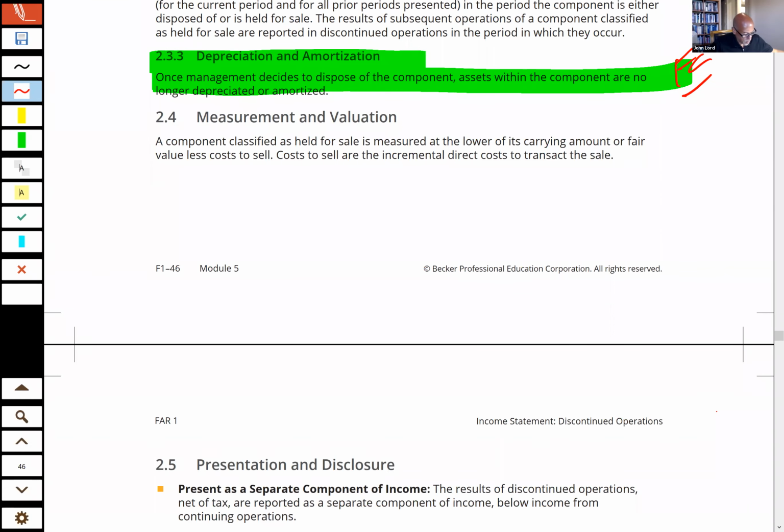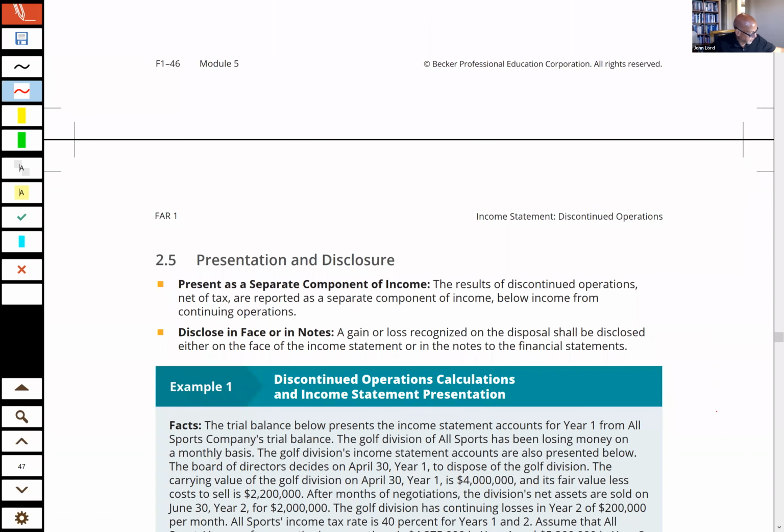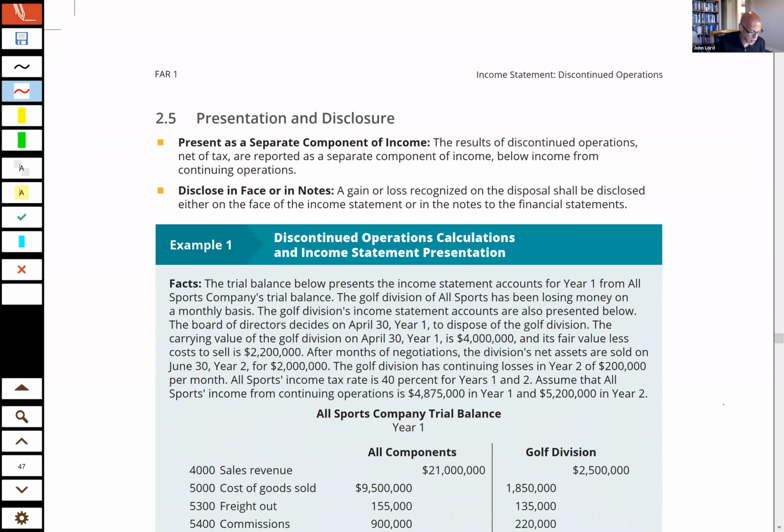Now in the presentation and disclosure section, the results of discontinued operations are shown net of tax and reported separately as a component of income. Think about that for a minute. Going back to the beginning of this chapter, we had operating items, non-operating items, tax, and then we reported our income from continuing operations.